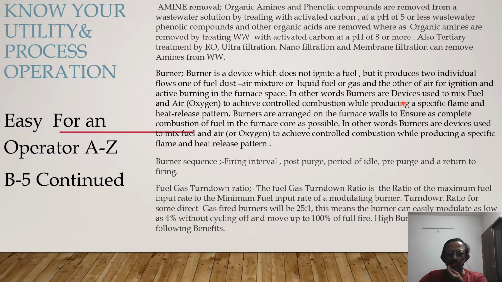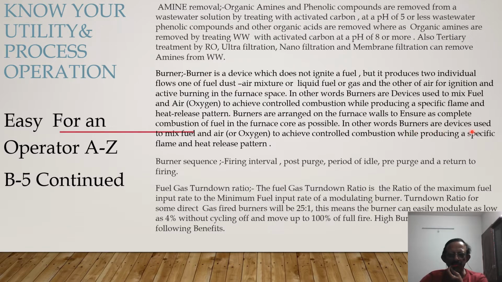In other words, burners are devices used to mix fuel and air to achieve controlled combustion while producing a specific flame and heat release pattern. Burners are arranged on the furnace walls to ensure as complete combustion of fuels in the furnace core as possible.